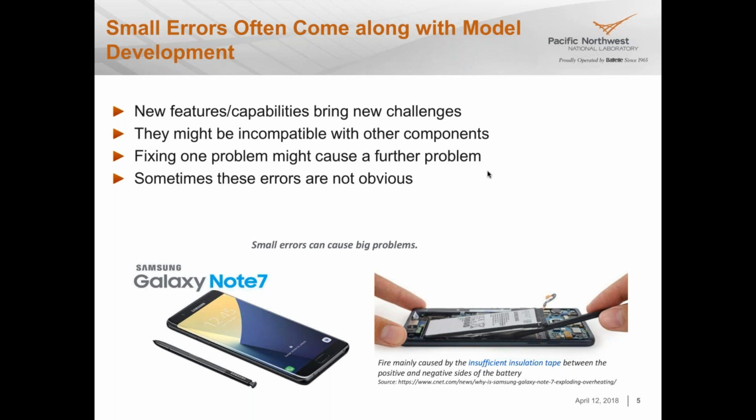As an example, here I show the Samsung Galaxy Note 7 cell phone, a very nice phone, but a very little problem caused a big threat to people's lives. So in our model, we try to avoid not only the big errors, but also the small accumulative errors.